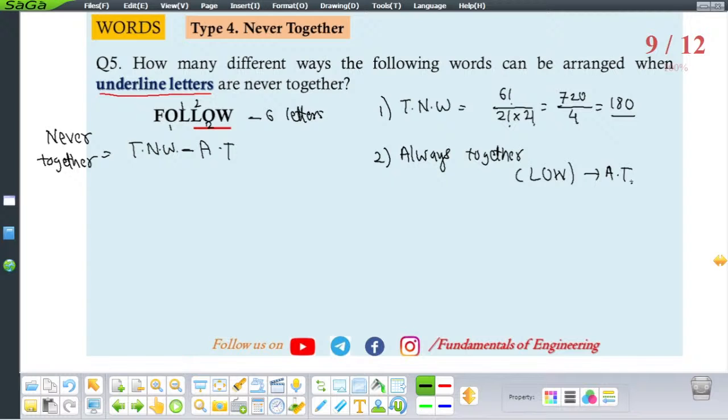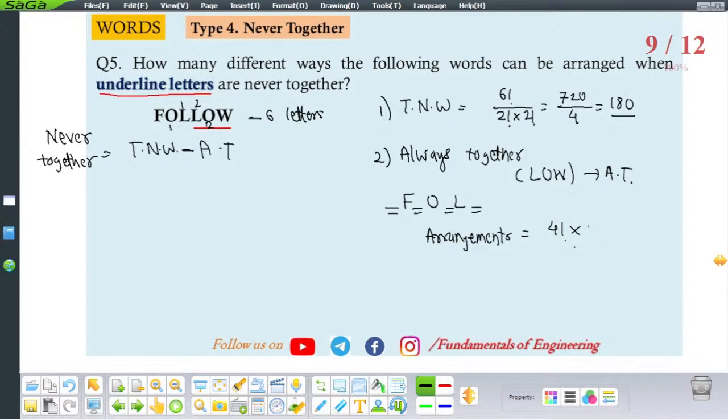So possible arrangements, we will get 4 places, 4 factorial. There are no repeated letters in the remaining ones. The 3 underlined letters, 3 factorial. So 4 factorial is 24, 3 factorial value is 6. 24 into 6 is 144.